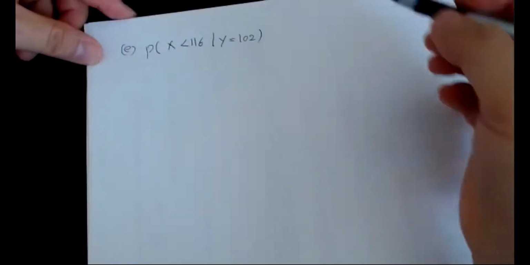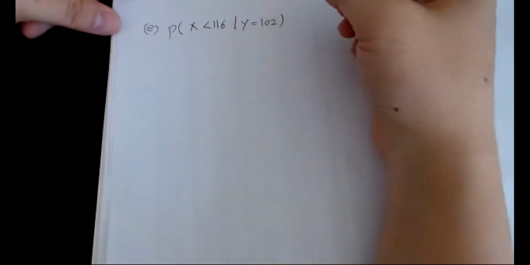So now, what about E? Find the conditional probability that x is less than 116, given that y is 102. This is a conditional probability, right?